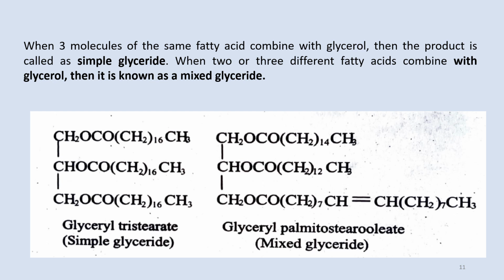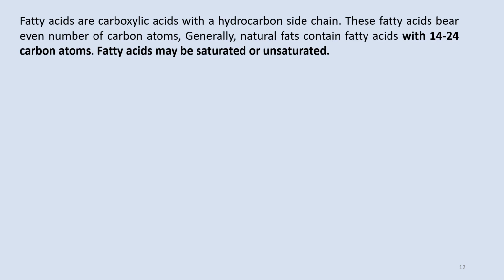A double bond is also there, and it has more than 16 carbon atoms. So that's why, because of the difference of acids attached in the ester linkage, they are called mixed glycerides. So with these two examples, students can remember what a simple glyceride and a mixed glyceride are.